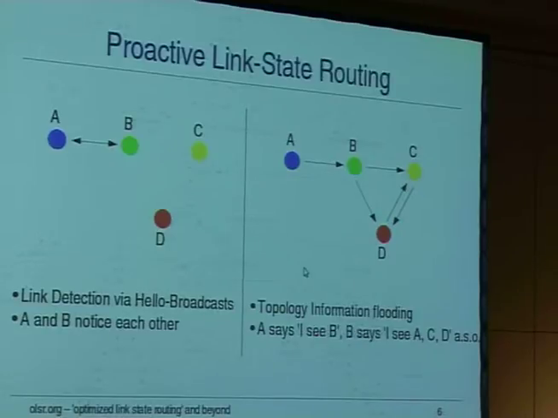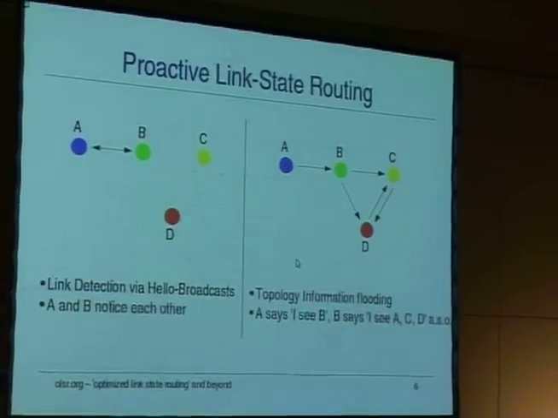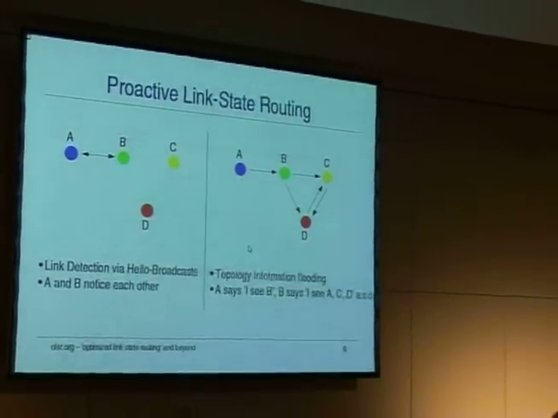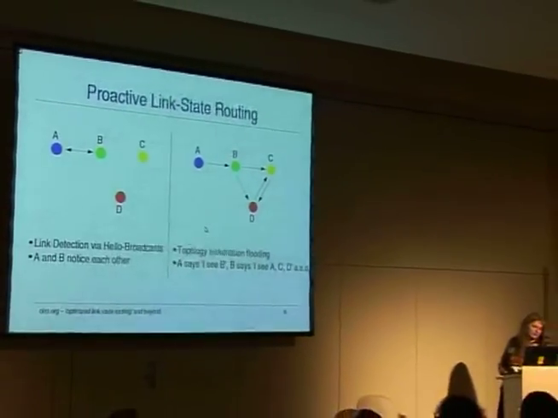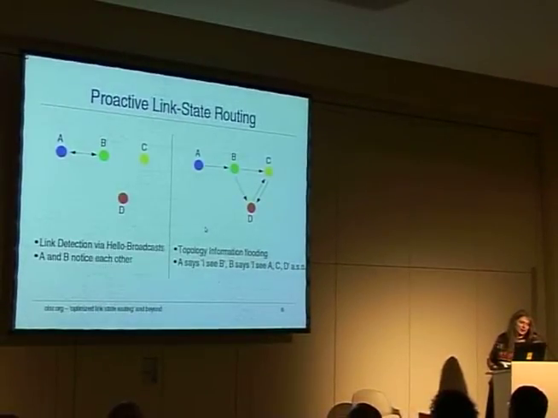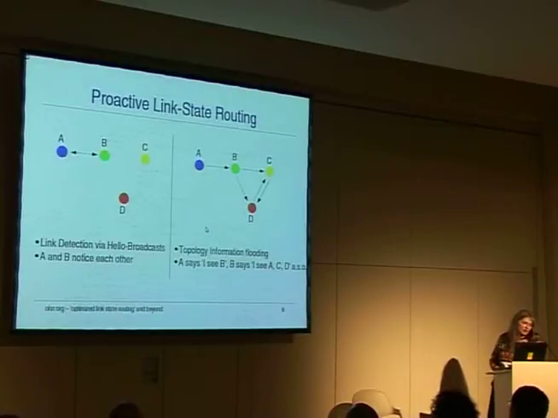Well, what OLSR does is that it is basically a proactive link state routing protocol. That means every node maintains a database of routes of every other node in the mesh. Here is how this routing table is generated.